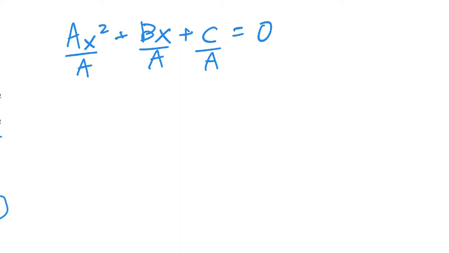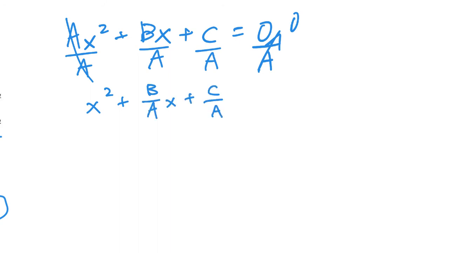Actually, we're dividing 0 by a too, it's just that it's still 0, right? So a cancels out, and we end up with x squared plus b over a x plus c over a equal to 0. I'm going to move c over a to the other side, and it becomes minus c over a.